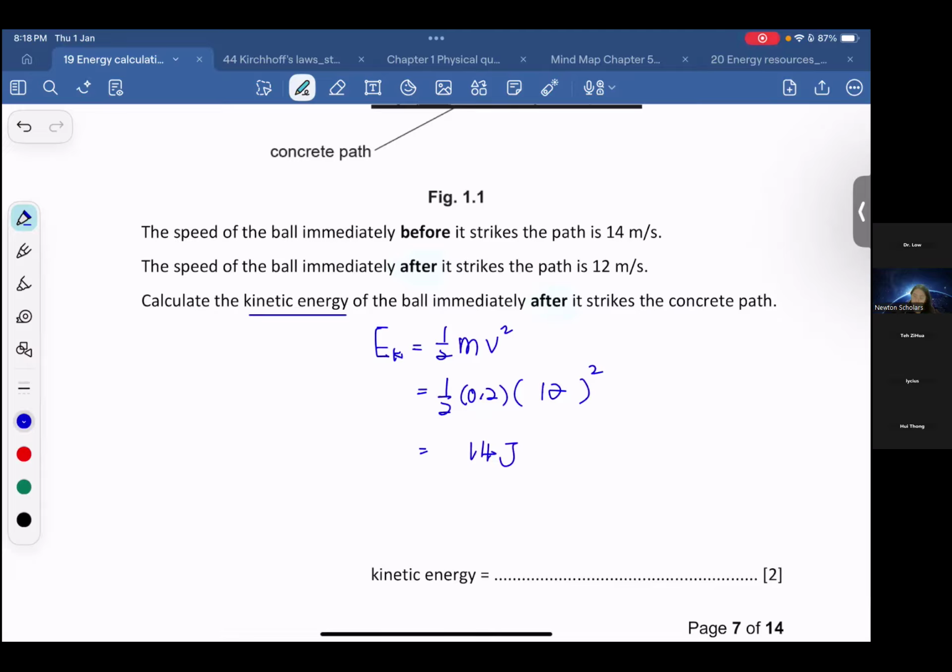So this question needs no conversion, because all the information is already provided to you. They give you the m and the velocity. 14.4 can, two to three significant figures.